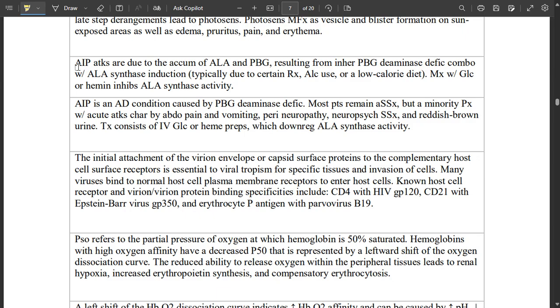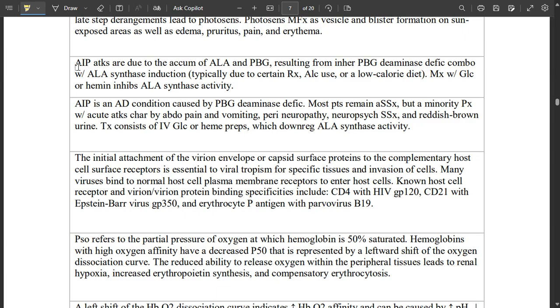Attacks are due to accumulation of ALA and PBG, porphobilinogen and aminolevulinic acid. So acute intermittent porphyria attacks are due to accumulation of ALA and PBG, resulting from inherited PBG deaminase deficiency.